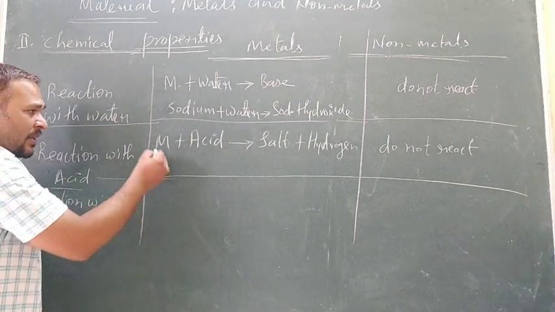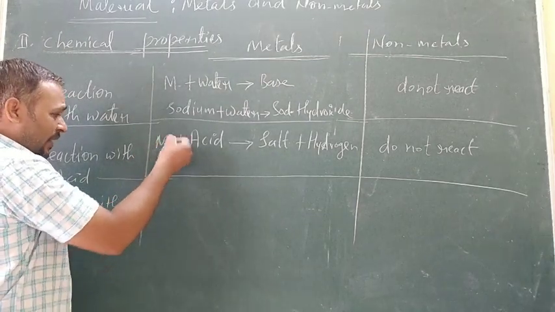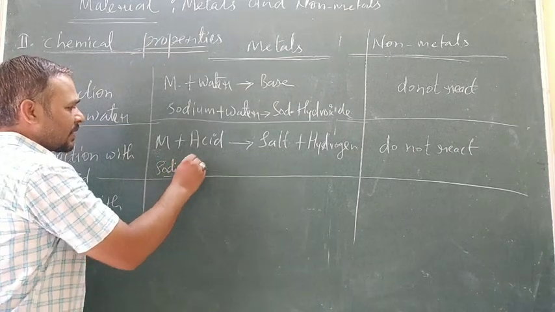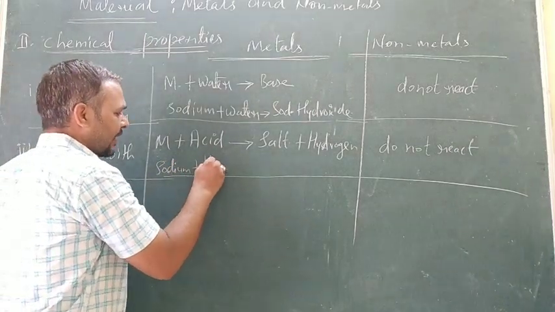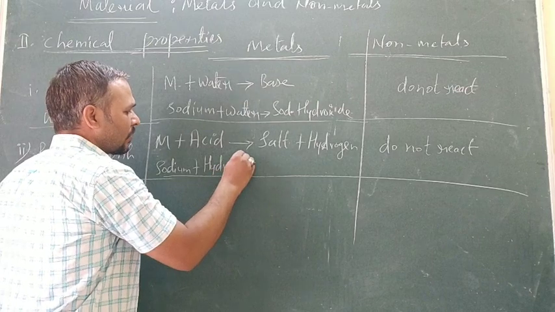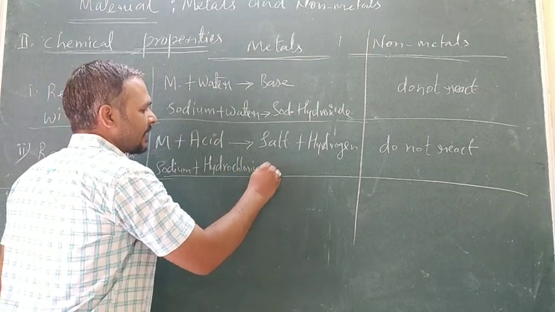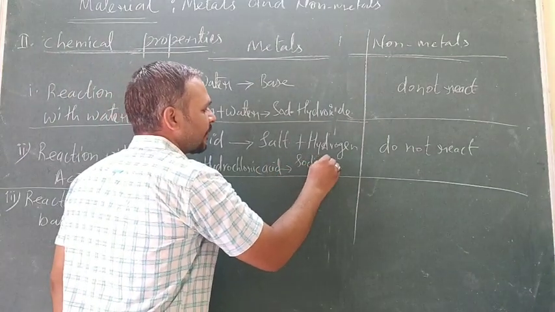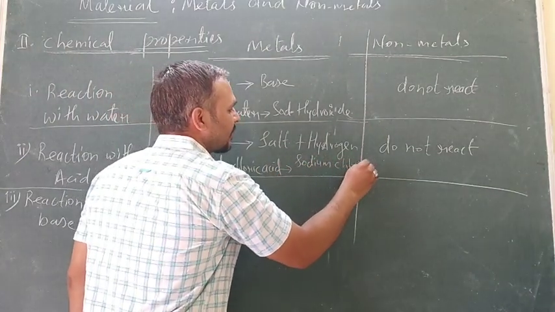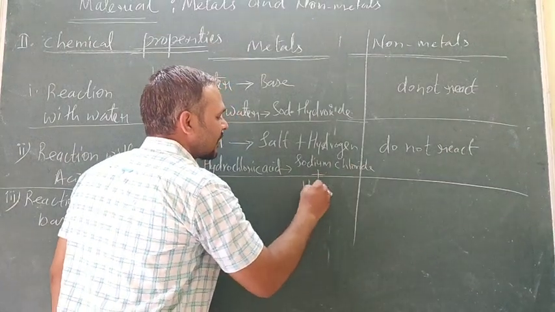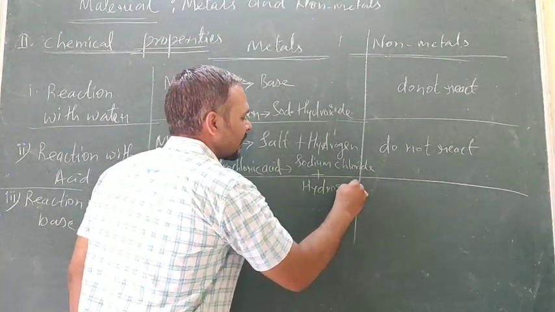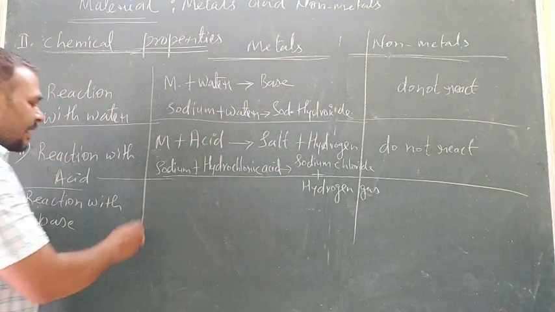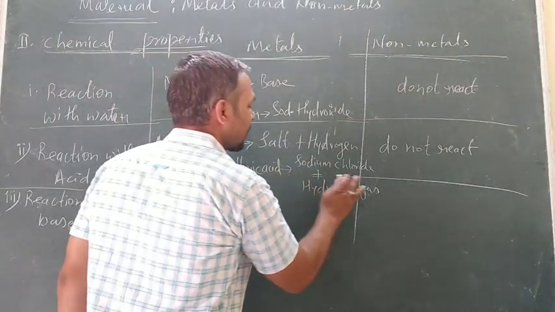Let's see the example once. Metal, for example you again have taken sodium, reacts with hydrochloric acid, forms sodium chloride plus hydrogen gas, right?